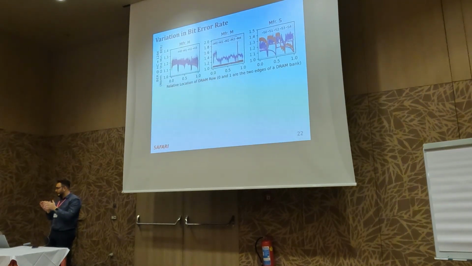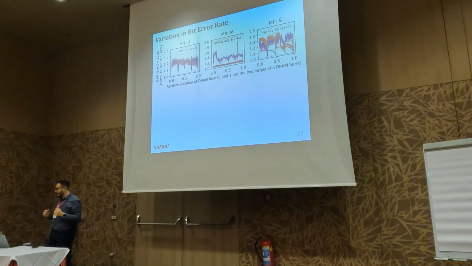When you do double-sided, you have a victim row and you have aggressor rows at the bottom and top, so you can disturb that victim row from both sides in many rows. But for the rows at the edge, you cannot do that, right? You can only disturb from one side. So we suspect that this is an artifact of that and of some other things as well.